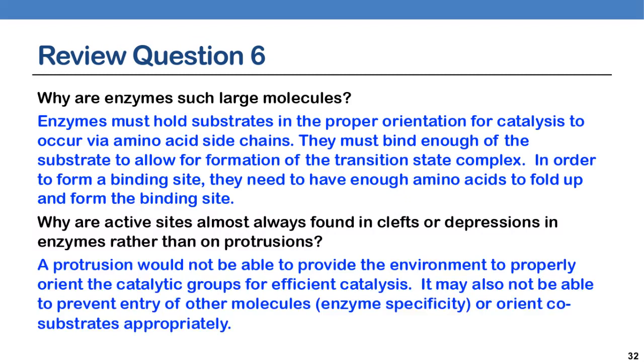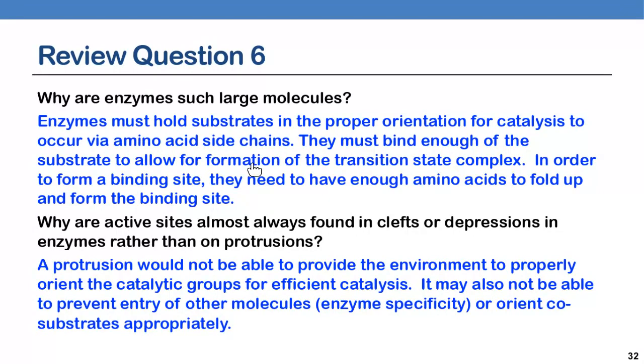I'll pull it up on the slide if anyone's copying these down now. So yeah, they're such large molecules to hold the ligand in that proper conformation. Like we said, you have to get selective binding of that ligand to your enzyme in the correct orientation so that the active site can have all the proper contacts.